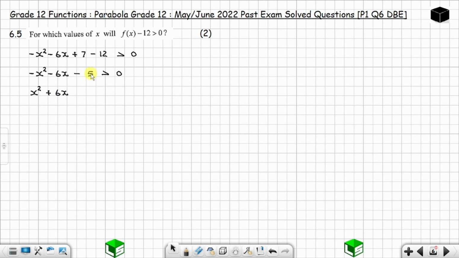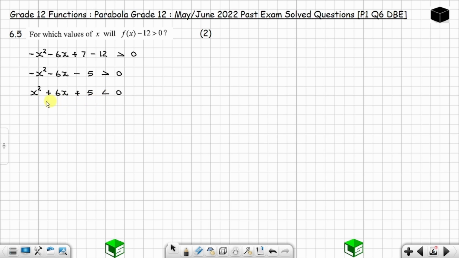You multiply this by negative 1, this is going to be plus 5. And you multiply by negative 1, this is going to change to less than, from greater than to less than, because you are multiplying by negative 1 throughout. And you have 0 there. 0 times negative 1 is 0.